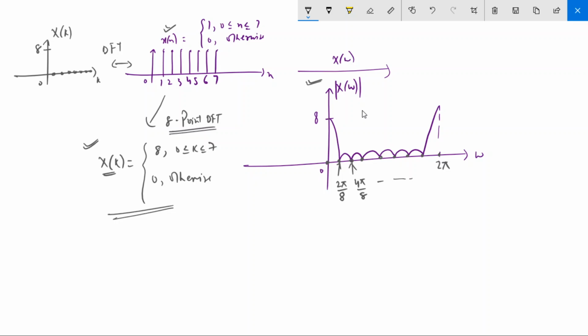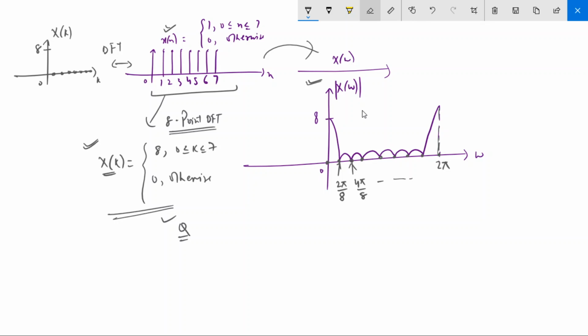And that you have to prove. Now this is a question for you: for this signal I have already computed the DFT. I have taken its Fourier transform, I have plotted it, then I have taken its samples, with the number of samples equal to the length of the sequence, that is an 8-point DFT, and I have seen that only one sample at k equal to 0 is non-zero, and the rest are zeros.